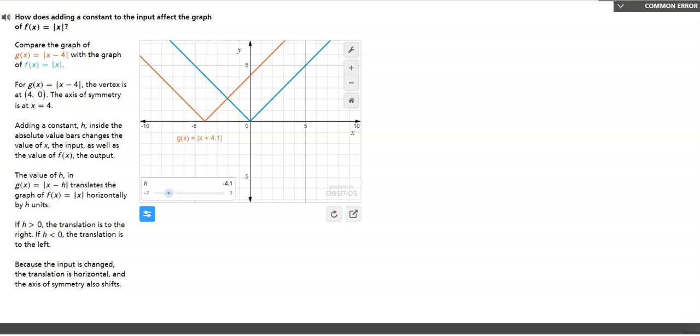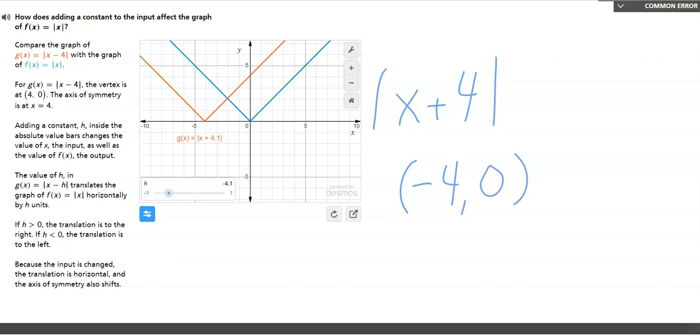It's now sitting at a vertex. Go back to my tape. Hold on. There we go. So x +4 is actually sitting at a vertex of -4, 0.